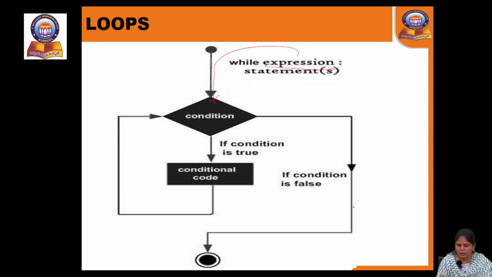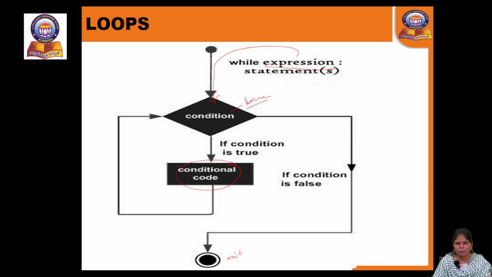If the condition is false, it exits. So this conditional code is the set of statements that will be repeatedly executed until the condition becomes false. If the condition is false, then it comes out of the loop.